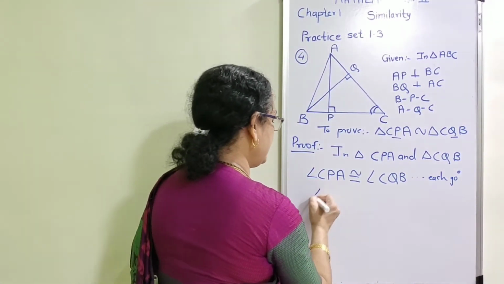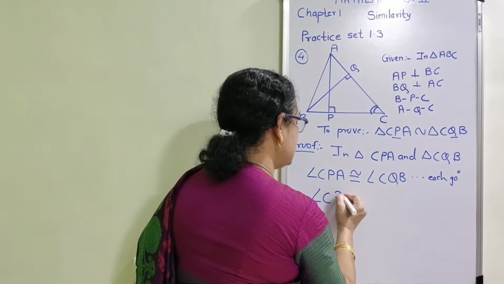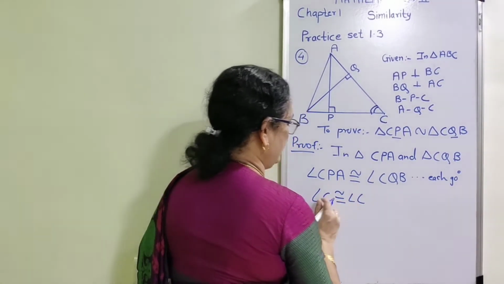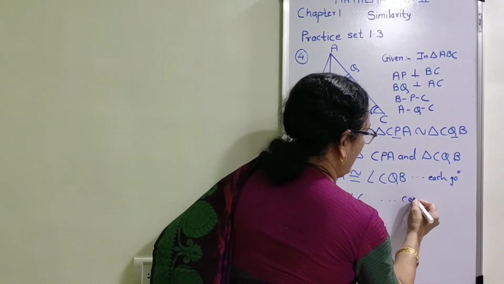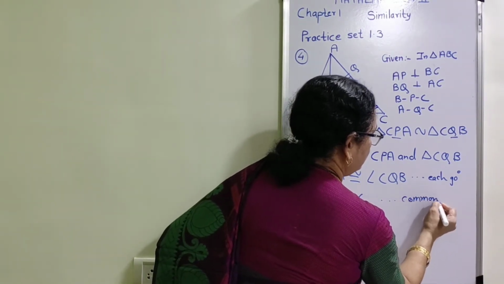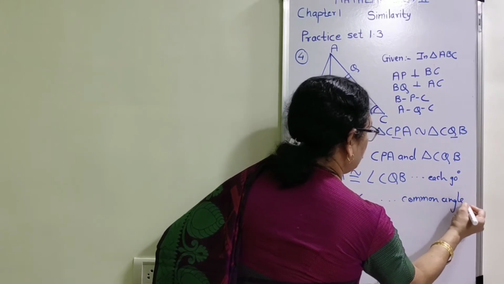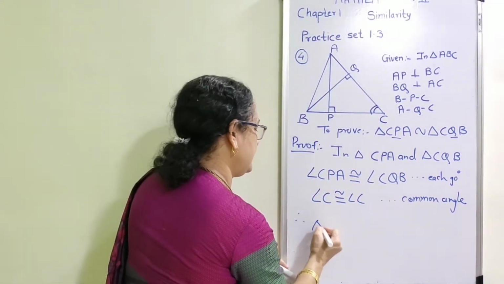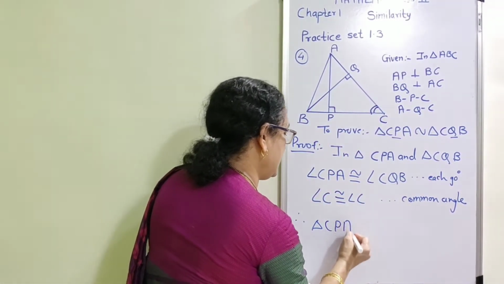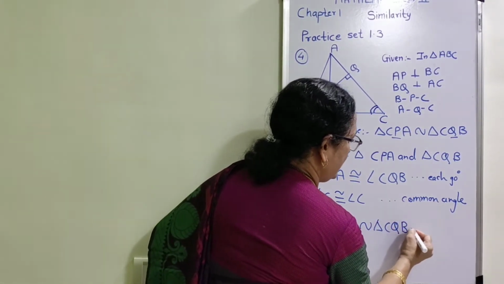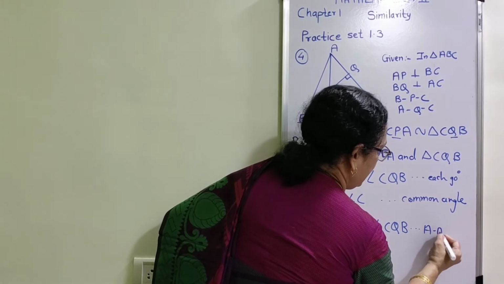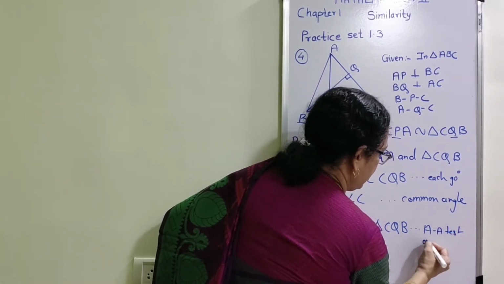Then the second pair, angle C is congruent to angle C. I have taken the angle with a single vertex, common angle, and therefore triangle CPA is similar to triangle CQB by AA test of similarity.